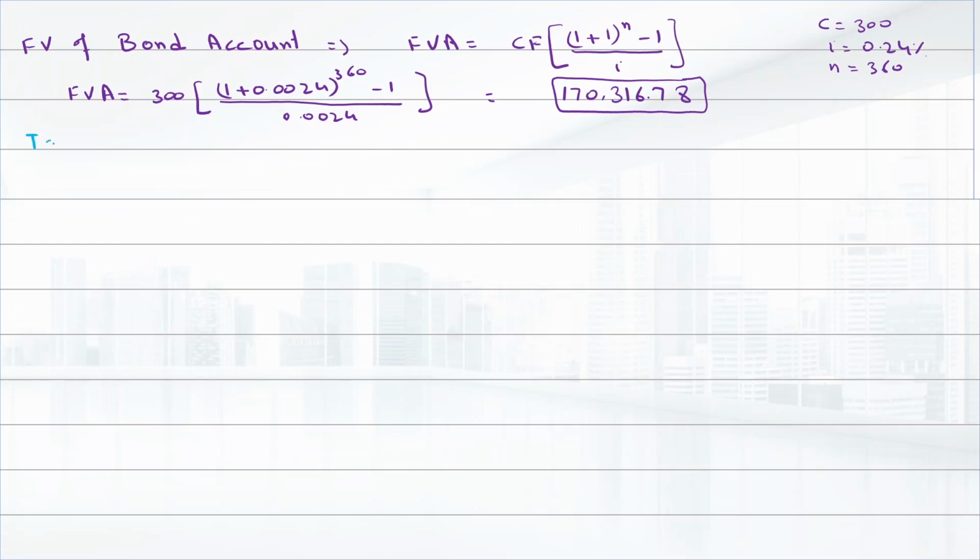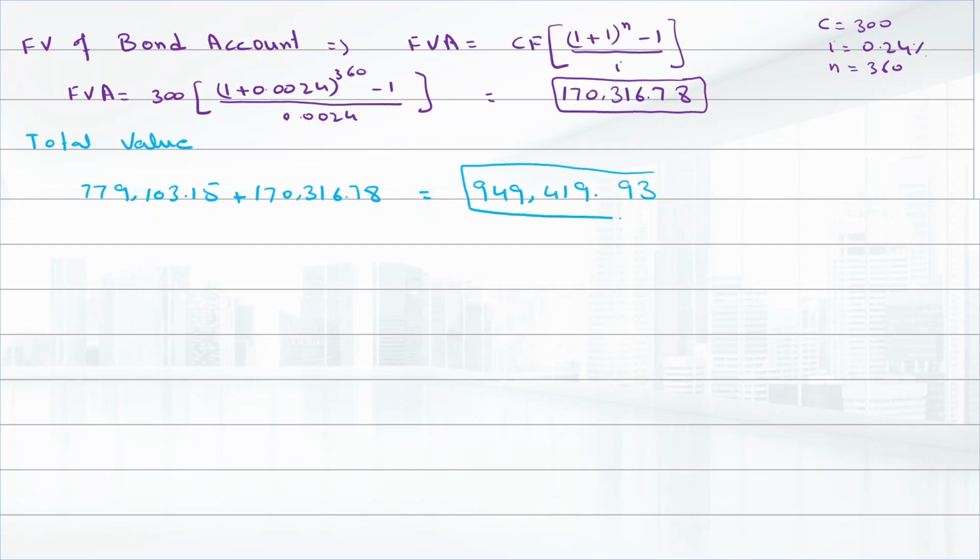The future value of the stock account was 779,103.15 plus the future value of the bond account, 170,316.78, and the total amount will be 949,419.93. So that will be the total amount in the retirement account at retirement.